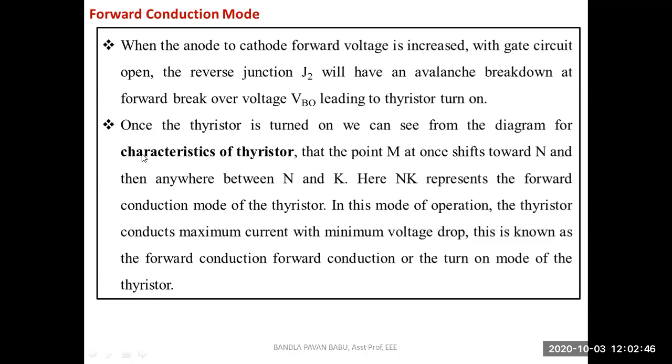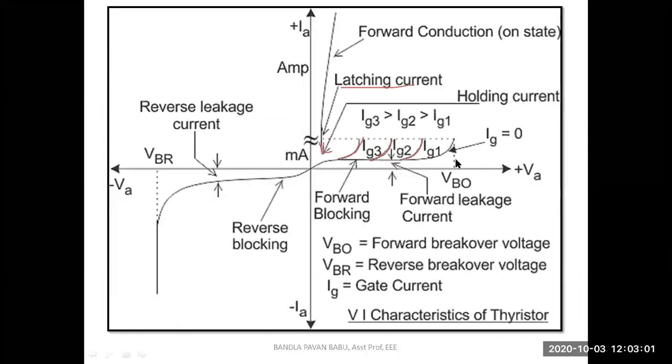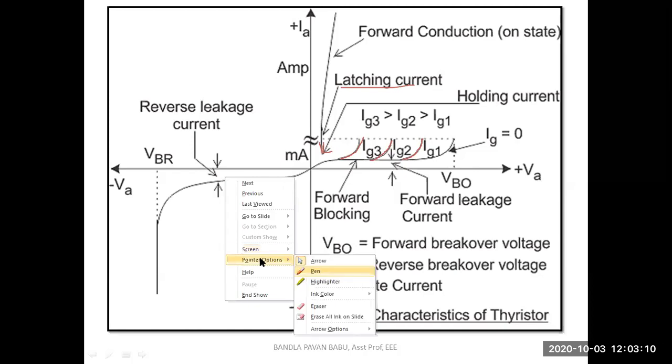Once the thyristor is turned on, we can see from the diagram of the characteristics that point M at once shifts towards N and then anywhere between N and K. Actually, here it is M, and here it is N. Here I had missed it, so I'll mention it now.